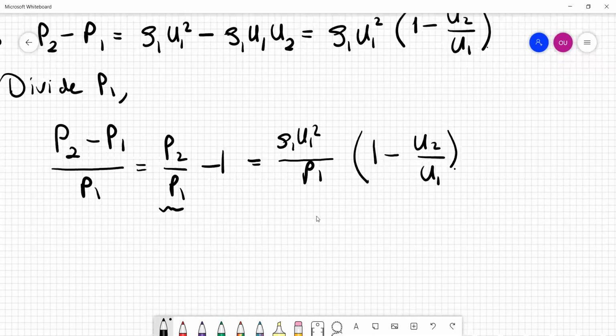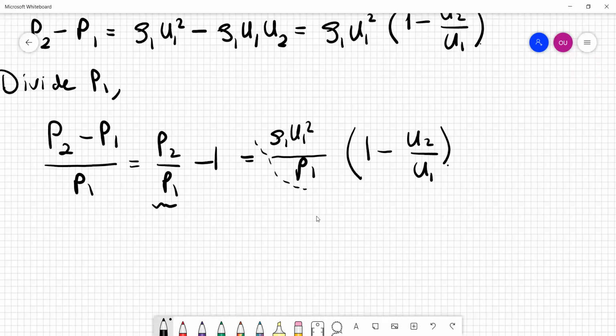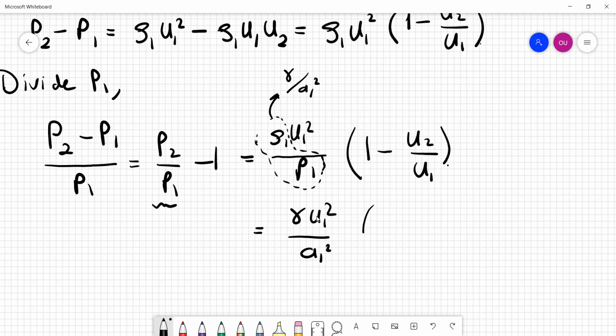Now I see here a rho over P, rho 1 over P1. Instead of that, I can write gamma over A1 square, so now the speed of sound comes into play. This becomes gamma times U1 square over A1 square, so now I have the Mach number. This becomes gamma times M1 square times (1 minus U2 over U1).